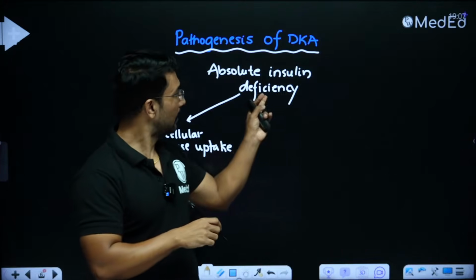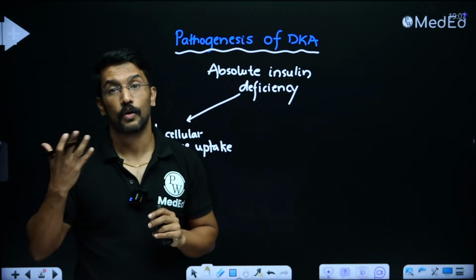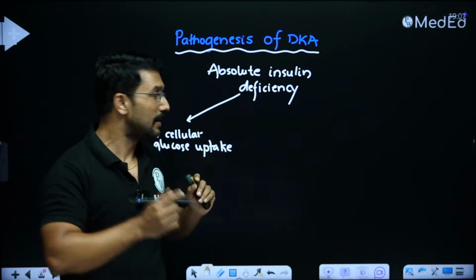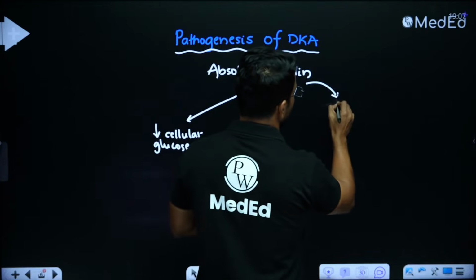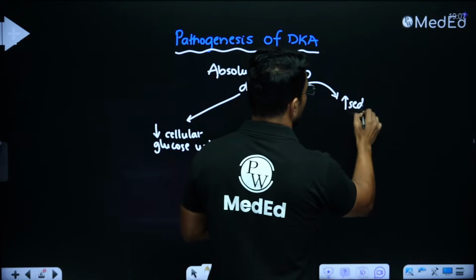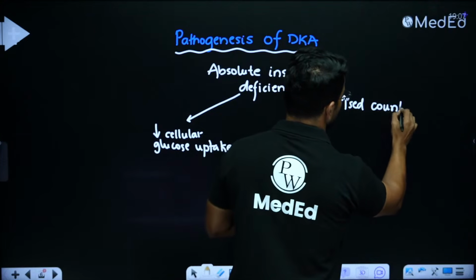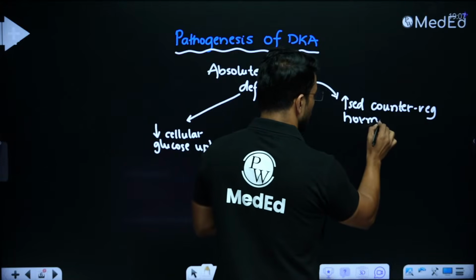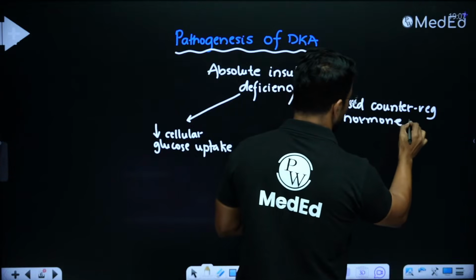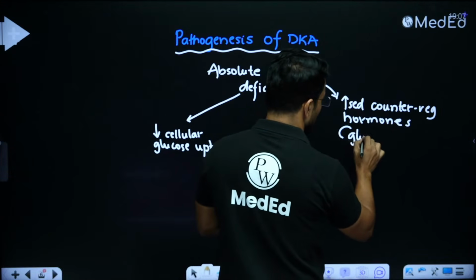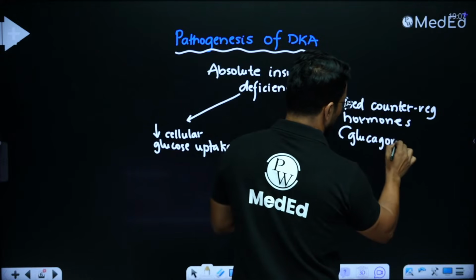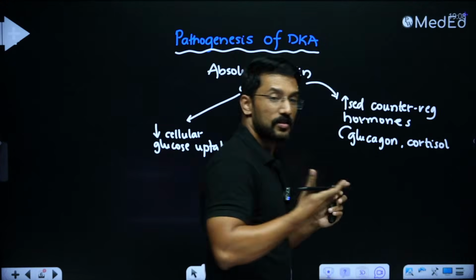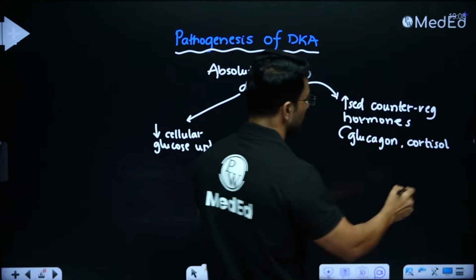But now that there is absolute insulin deficiency, glucagon क्या होगा? There is no more suppression of the glucagon. So glucagon will increase. So there will be increased counter regulatory hormones. The main counter regulatory hormone is, of course, the glucagon. Apart from that, cortisol. That's why whenever someone takes steroids, their blood glucose level tends to increase.